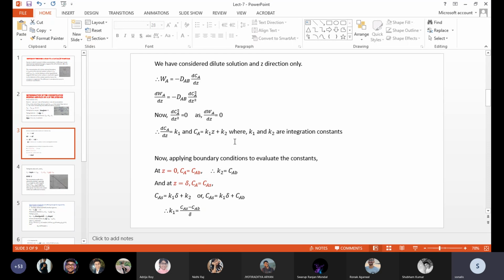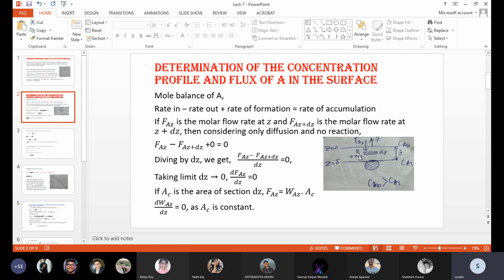What are the boundary conditions? Applying boundary conditions to evaluate the constants: at z is equal to 0, CA is equal to CAb. And when z is equal to delta, CA is equal to CAs.